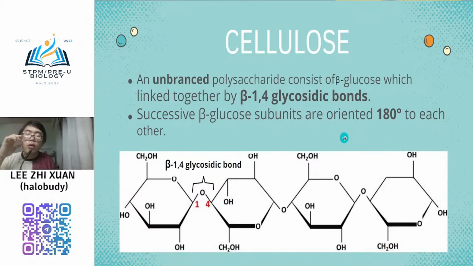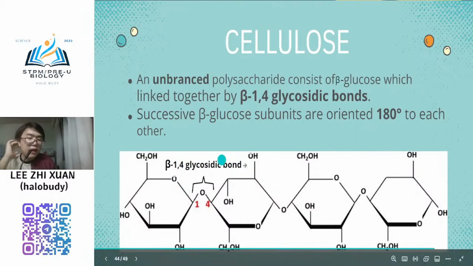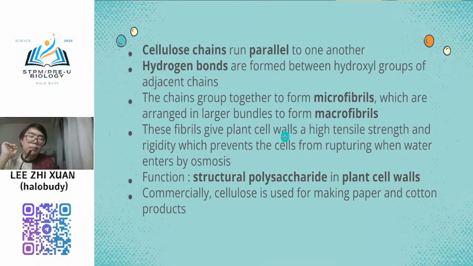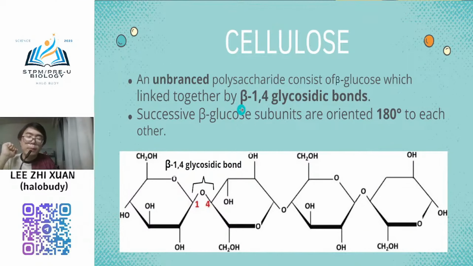So that is why they are oriented 180 degrees, and still form a 1,4-glycosidic bond rather than 1,6. This is one of the reasons, because they are oriented reversely to each other. You need to mention beta; if you only write 1,4-glycosidic bond, no marks. Similar to amylose and amylopectin, you need to mention alpha.